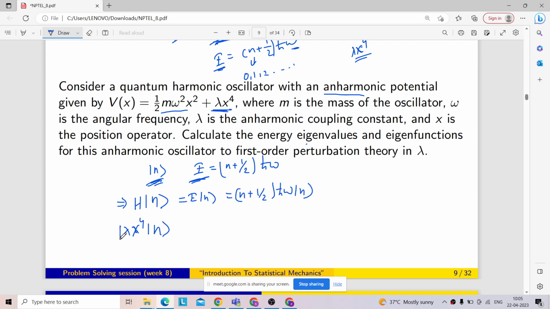So if we want to find the energy, what will we do? We will operate a bra on the left hand side. You can see here we have H operating on |n> giving E as eigenvalue and state |n>.